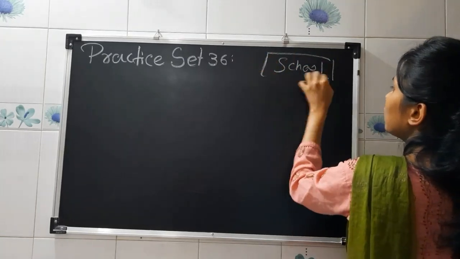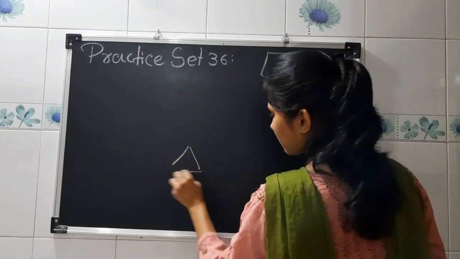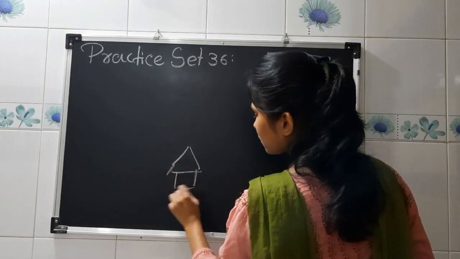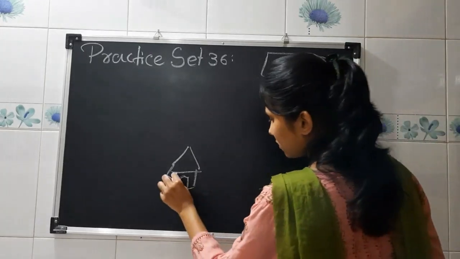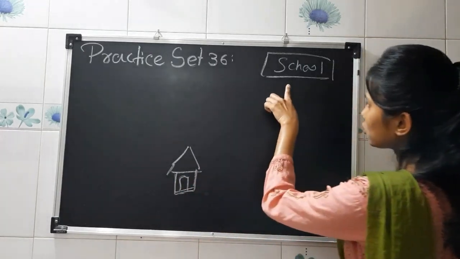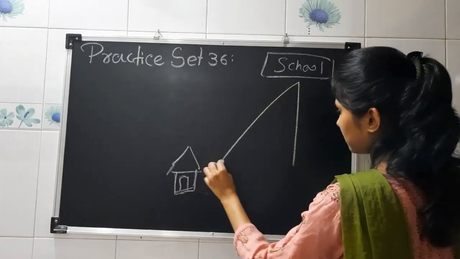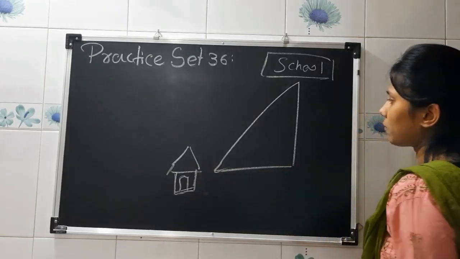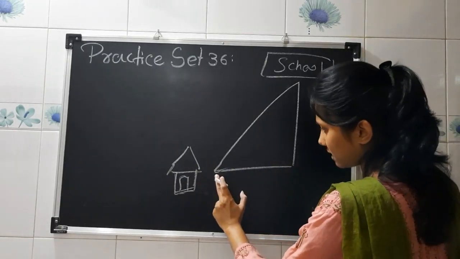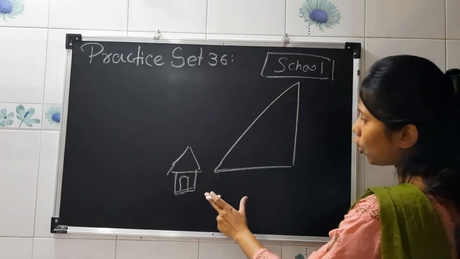Here there is a school. Okay, and here there is Avinash's house. Okay, so we have to go to school. He has two ways. Okay, they have shown it with the help of a triangle. He has two ways for going to school from his home.